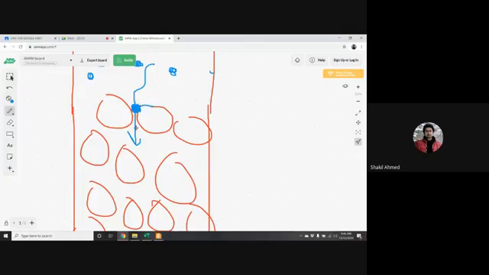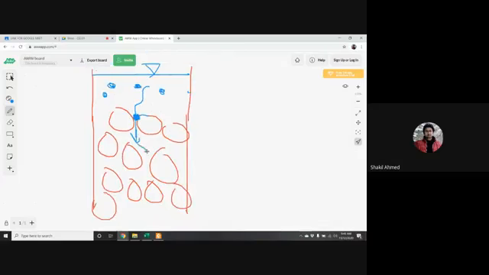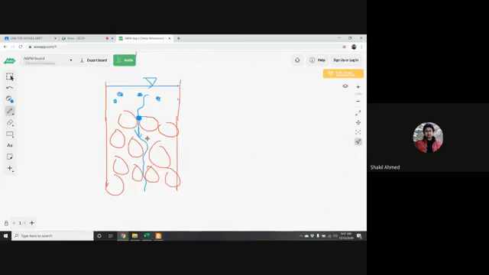So as the water percolates through the pores, the pollutants will be captured by this filter, and then you will get the clean water here. That's the idea. Is it clear? These are the gravel particles. Are you following me, guys? Yes, sir. That's the basic idea.